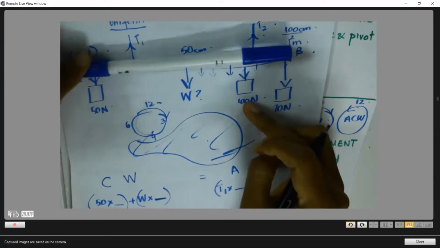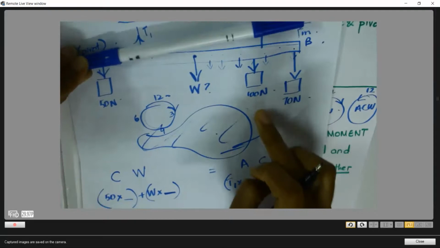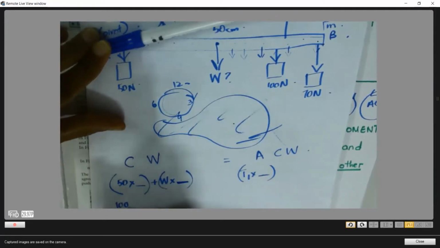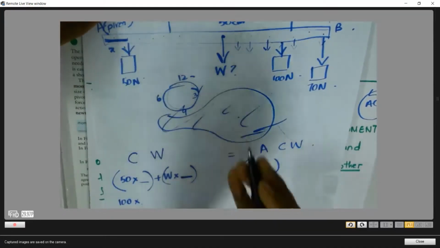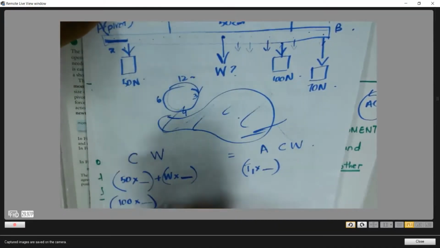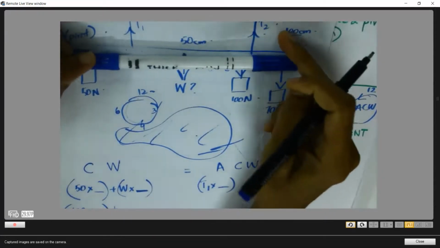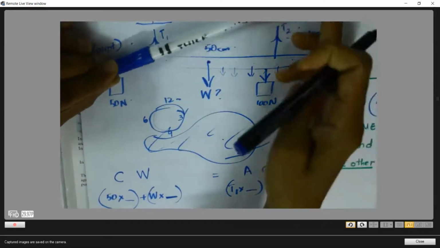So now look at this force. What is this force doing? Moving it this way. So this is clockwise again, so this will go in the clockwise section. 100 multiplied by whatever distance between 100 Newton and the pivot, according to the question. Plus, what is this T2 doing here? Again, it is anti-clockwise.